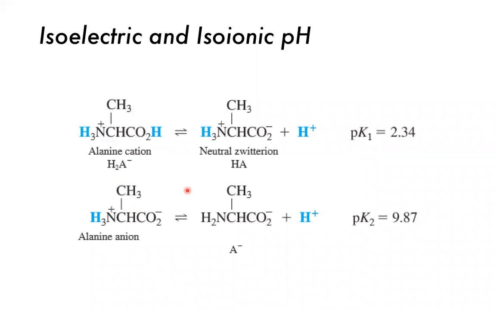Then the same thing can happen, where the zwitterion can dissociate further to give the conjugate base plus H plus. So these two species here are the same, but they can either be known as a neutral zwitterion or, sorry, this is the alanine anion. They have the ability to dissociate.